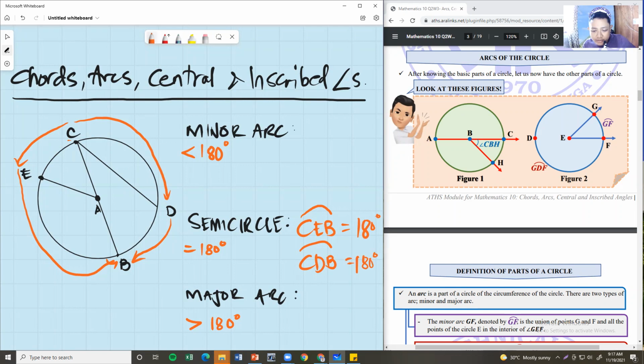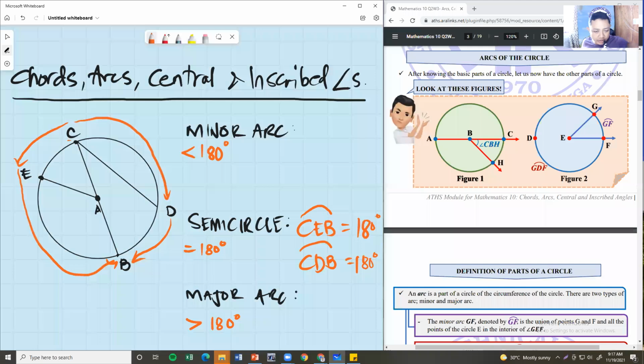Okay? Show me reaction if semicircle is clear to you. Very good. So therefore, it means semicircle is half of the circle. Therefore, if you will add all the arc measurements in a circle, what is the total?